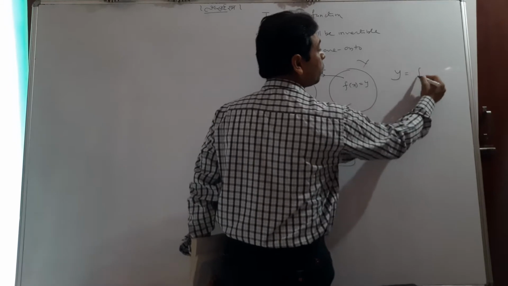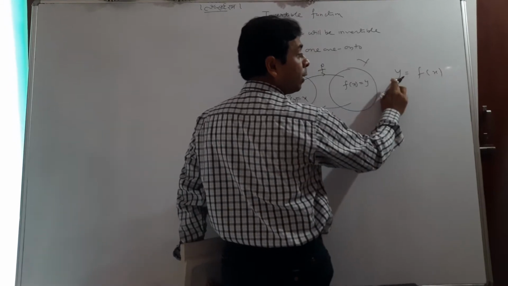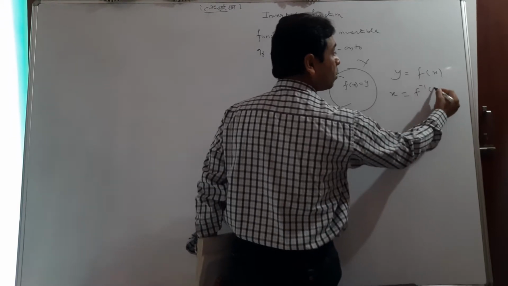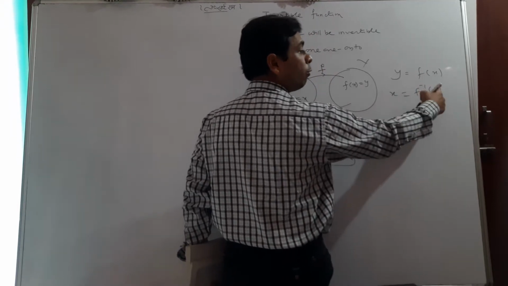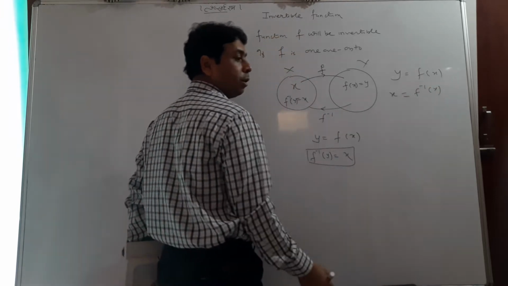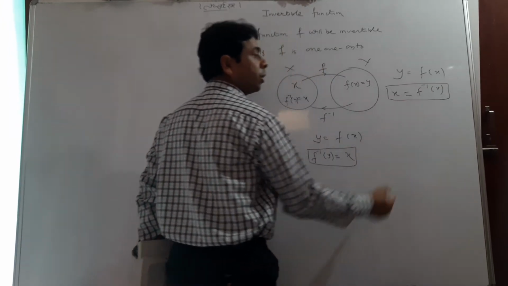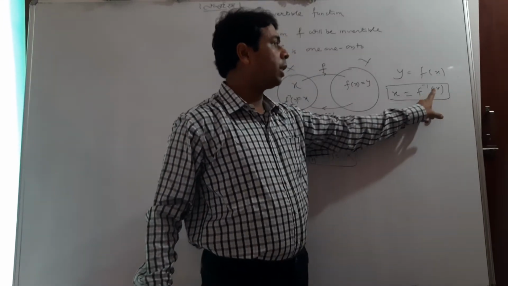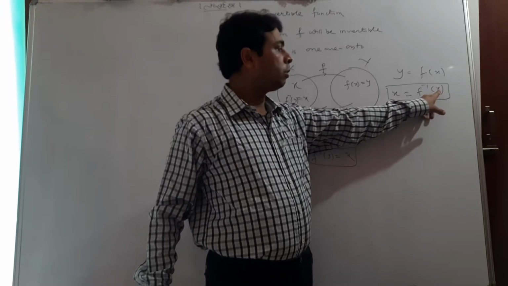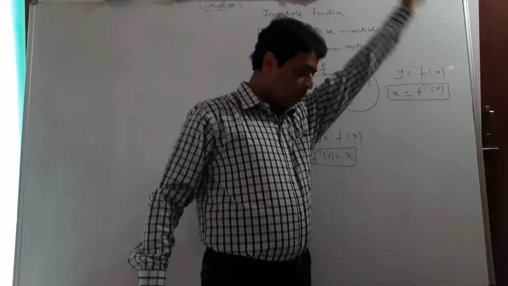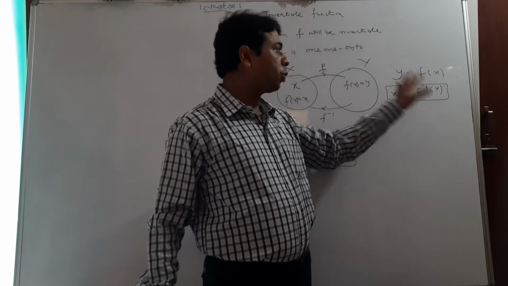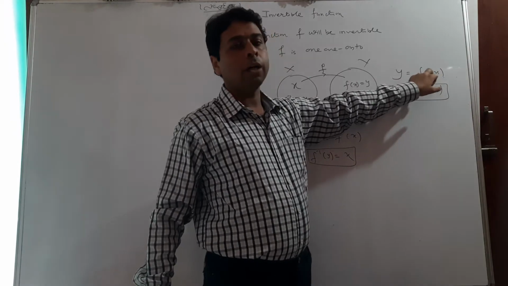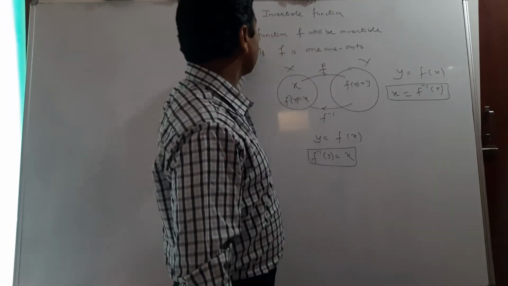I repeat again: y equal to an expression in the form of x will be your function, and x equal to f inverse of y, x in the form of y, will be the inverse of that function. So try to reach this destination, then you can easily say your inverse is here in the form of y. Lastly, we will turn this y into the form of x. I will explain this later, but initially remember you need x equal to. This will be the inverse of that f. Okay, this was good enough.